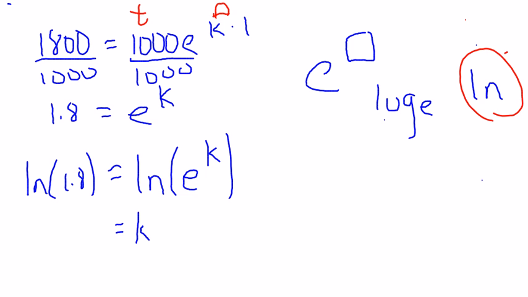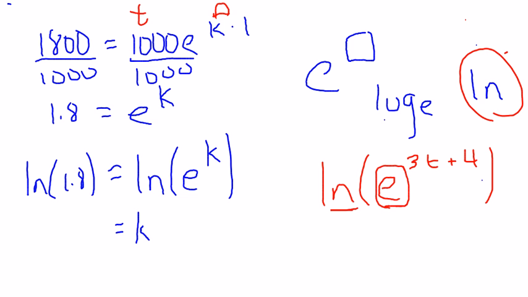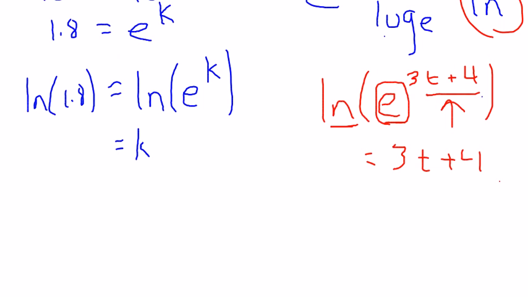For example, if I asked you to simplify ln of e to the 3t plus 4, this ln and this e to the cancel each other out and leave me with what's left over in there, because those two functions are inverses, so that just gives me 3t plus 4. The other way to do it is to use a basic log conversion, but I would rather you understand it like this, so I'm not actually going to do the other way.